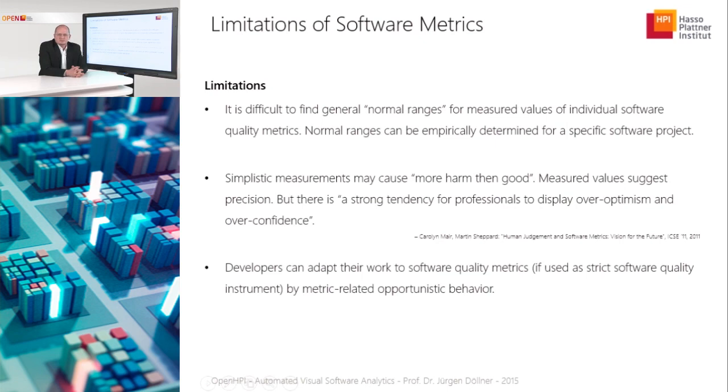Developers can adapt their way of working in software development projects if software quality metrics are used in a very strict way, by showing a metric-related opportunistic behavior. The simplest example is if you pay developers per lines of code, they will most likely write a large number of lines of code.